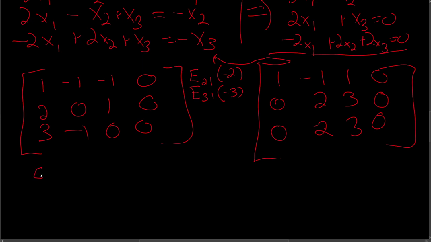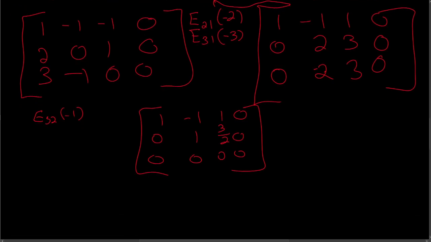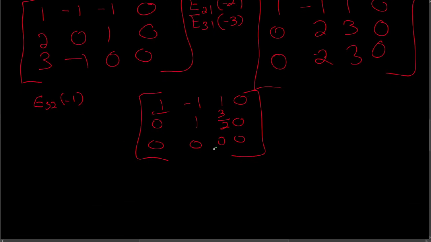So adding row 2 into row 3 by negative 1 will clear out row 3. So I get 1, -1, 1, 0. I'll divide everything by 2 here: 0, 1, 3 halves, 0. And I get 0, 0, 0, 0. And so x3 is the only thing without a pivot, so I'll make x3 my parameter t.